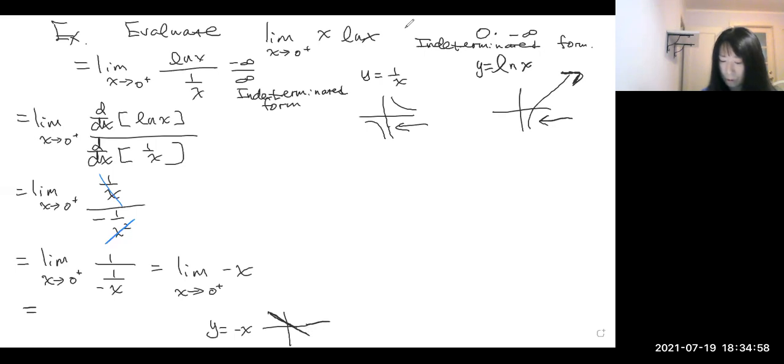When x approaches 0 from the right, what do you get? Easy. Thank you. 0, right?